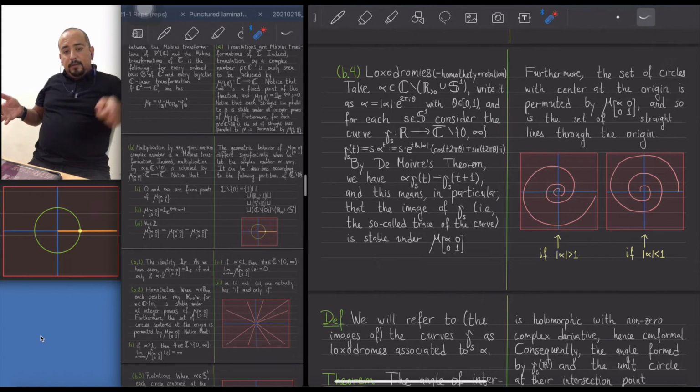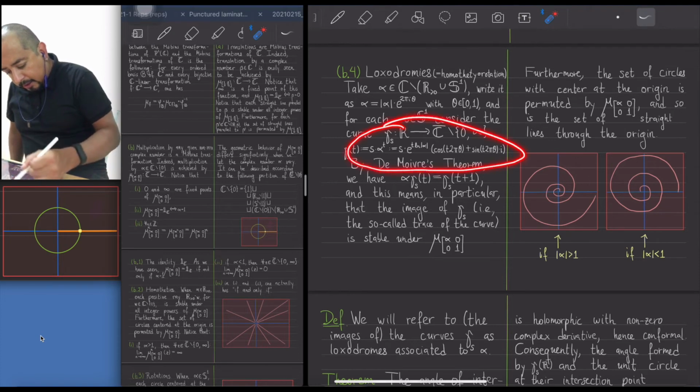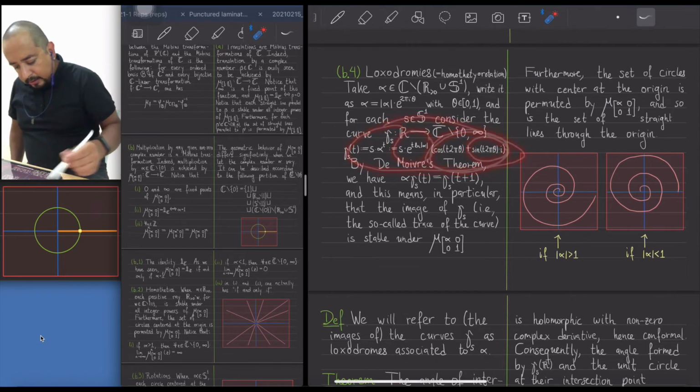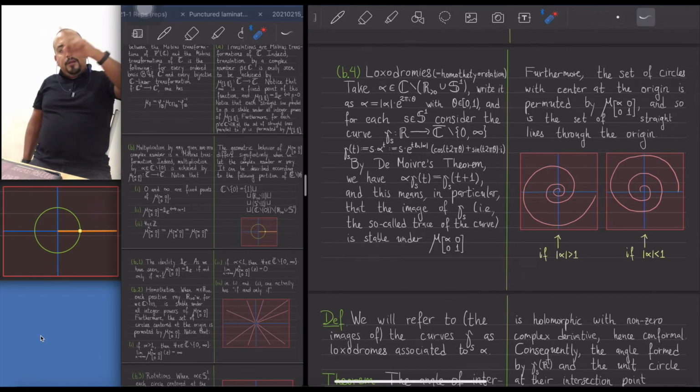So if the norm of alpha is greater than 1, this curve, which is cosine plus i times sine times something, starts getting far away from the origin as the parameter t increases.